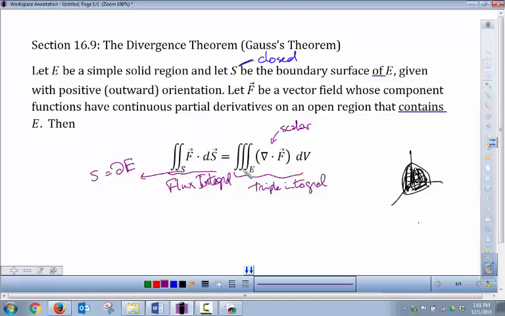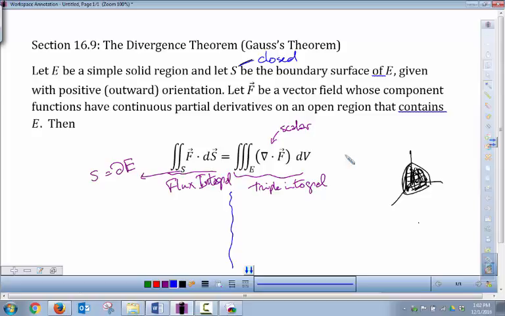Now, you have 3 dimensions, sure, but we got used to double and triple integrals already, and when we come to flux integrals, we have to actually parameterize the surface, and parameterizing the surface may or may not be so easy. So I think the triple integral generally is an easier integral.